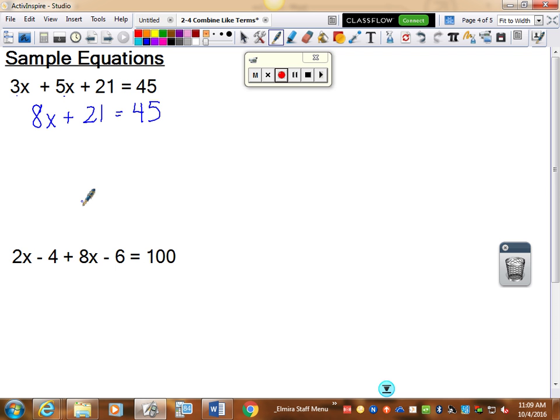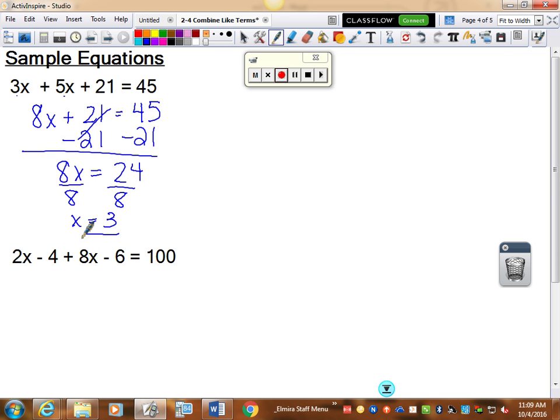Then from here, this is a basic two-step. We did this Friday. Distributive property questions from yesterday simplified to a two-step. Hopefully you guys are getting to be able to solve basic two-step problems in your sleep, because all of our equations kind of boil down to a two-step.